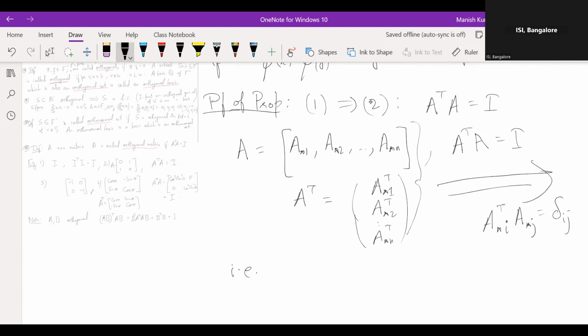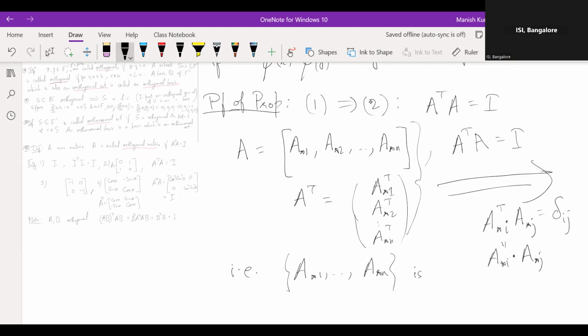Is this statement okay? That tells you that A star 1 to A star n are orthogonal, because if you take i different from j, this pairing is the dot product of these two.